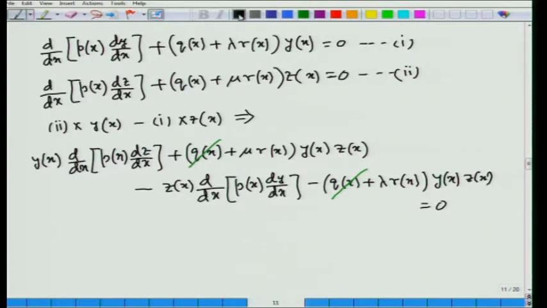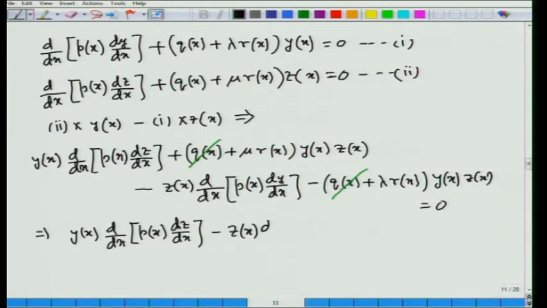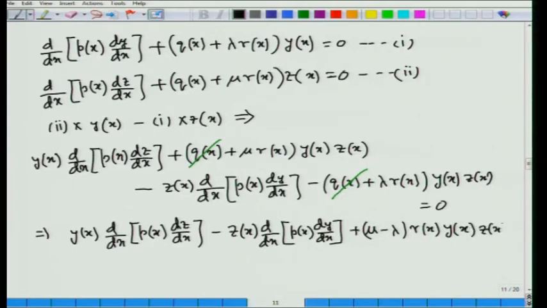So, then the rest of the expression we can combine as y(x) with d/dx of p(x) dz/dx, then minus z(x) times d/dx of p(x) dy/dx, this expression, plus (mu minus lambda) r(x) y(x) z(x).